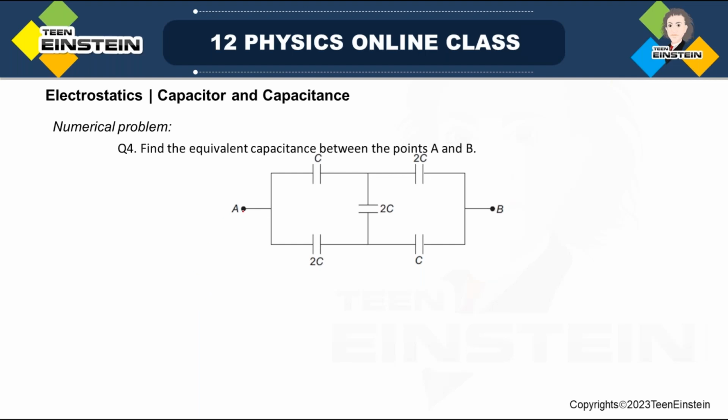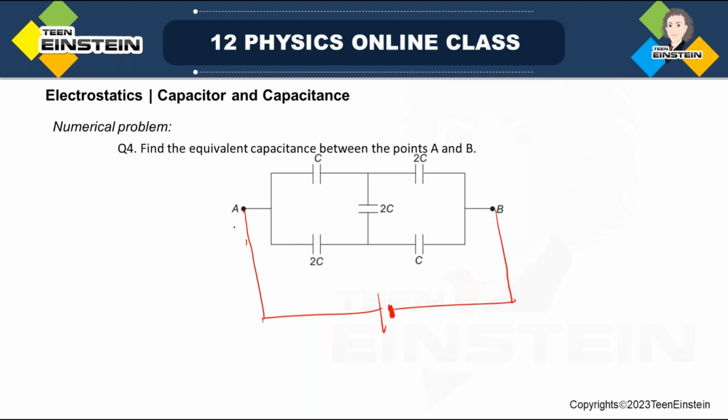See, I can just think that this point A is connected to some positive potential, and B is connected to some negative potential of a battery. Okay, like this. Now what happens?